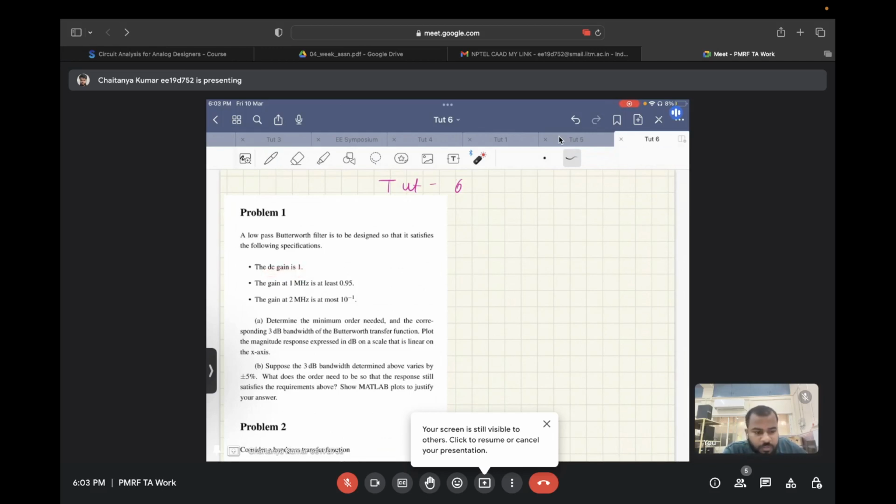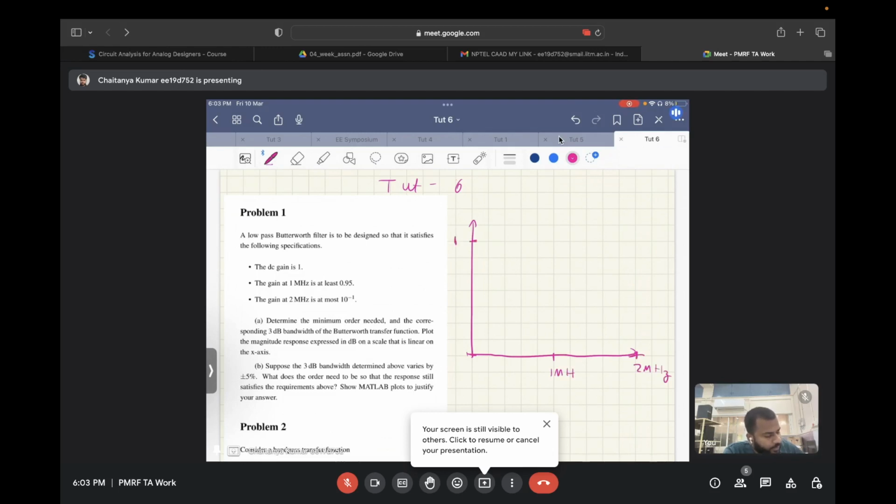First is that the DC gain should be 1. Other is that the gain at 1 megahertz should be at least 0.95, and then gain at 2 megahertz should be at most 10 to the power minus 1. So how does this frequency response look? We have 1 megahertz over here and 2 megahertz over here.